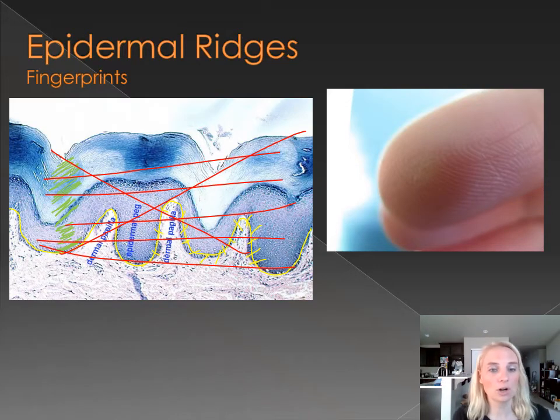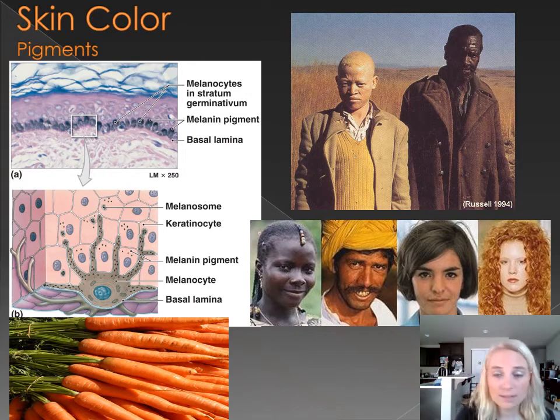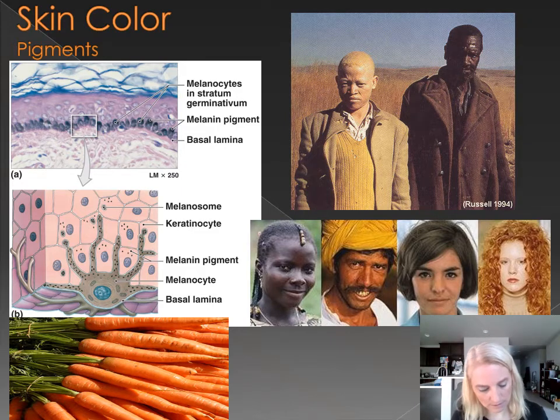Okay, so those are just a continuation of our discussion of epidermis. The next thing in our epidermal discussion is color, skin color. There are two major pigments associated with the color of our skin.